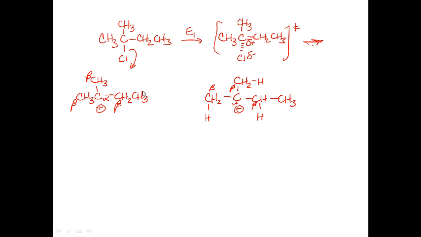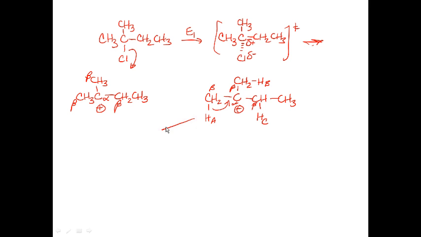So let's call this beta hydrogen A, let's call this beta hydrogen B, and let's call this beta hydrogen C. So let's just say for the sake of argument that I lose HA.